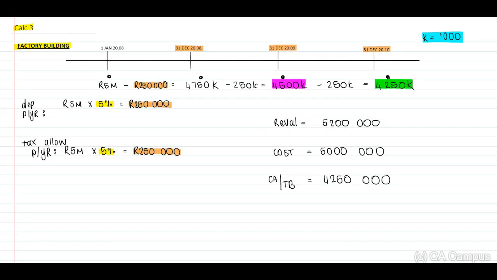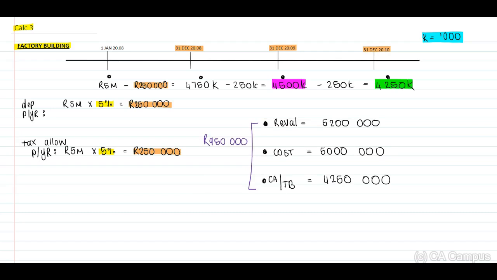The revalued amount is our 5.2 million. Our cost, 5 million, and the carrying amount, tax base, 4,250,000. Therefore, our total revaluation amount will be an amount of 950,000. Now, this is the total revalued amount.